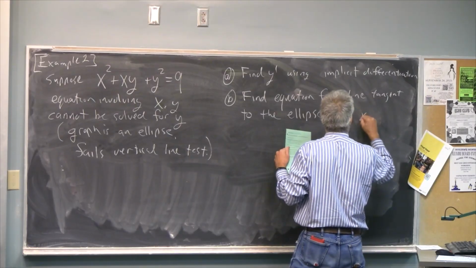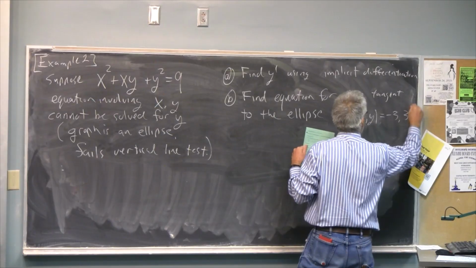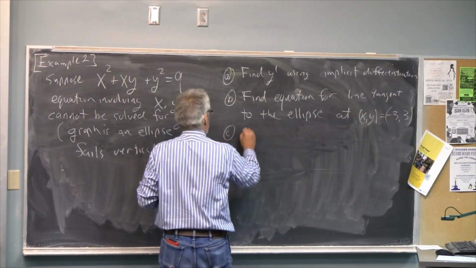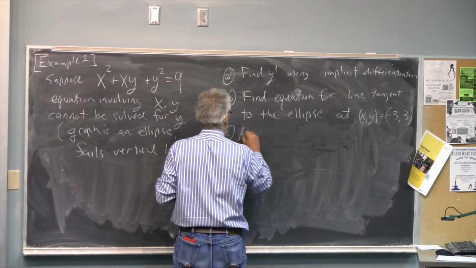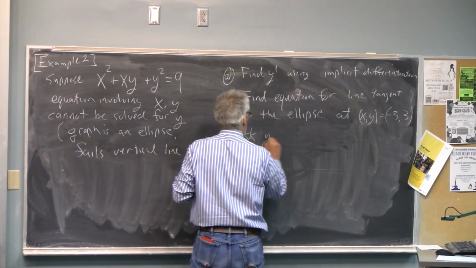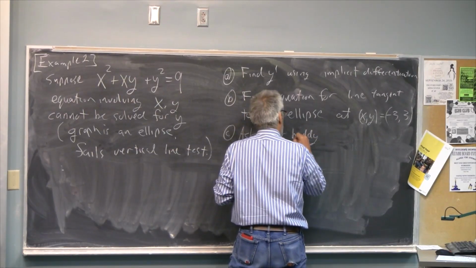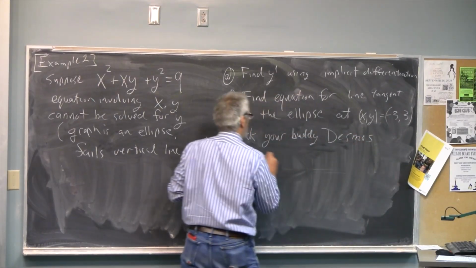So x, y equals minus 3, 3. And then C, illustrate. Ask your buddy Desmos to illustrate.